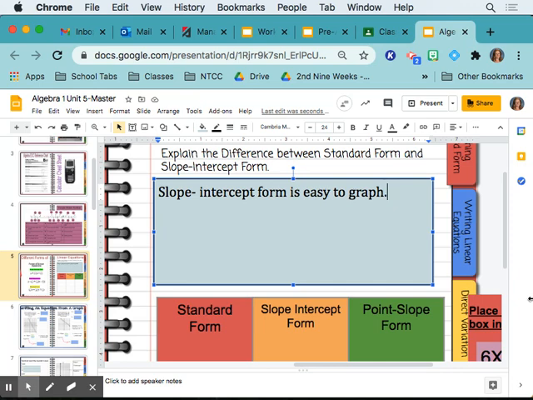So that's the main difference. It's easy to graph. If we have standard form, you could find your intercepts. Slope-intercept is easy to graph, and it is solved for y. I would say that's the most significant difference.